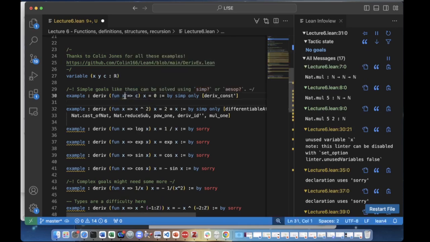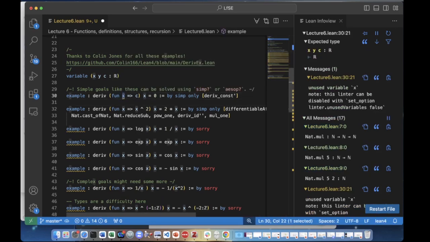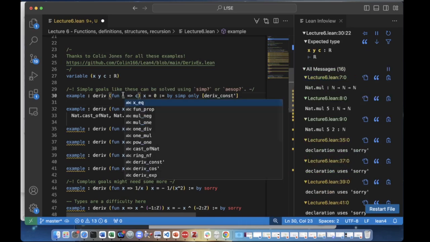You don't actually need to put this in here because it could be any kind of variable. It's not using that information because c itself is not a function of x. So putting an underscore here is the canonical way of removing that unused variable.